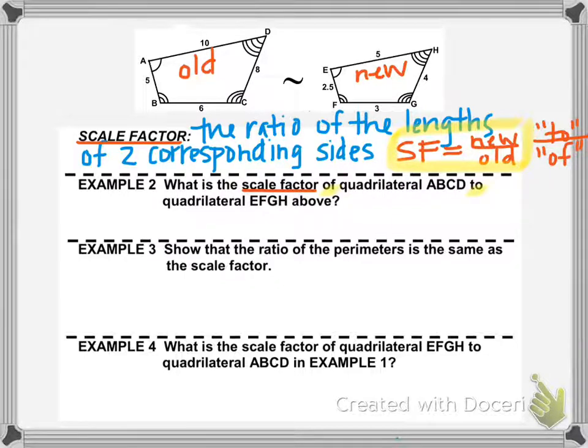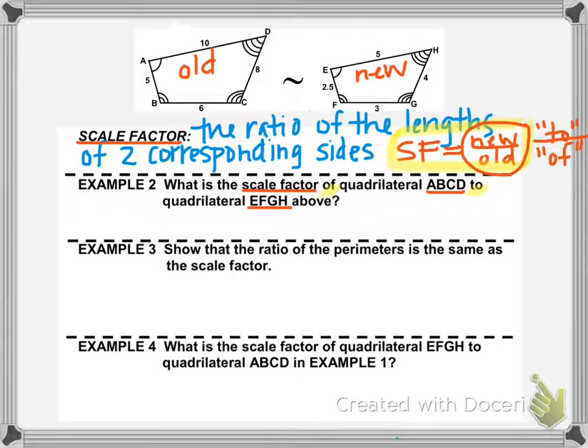Whatever is after that word is what it's talking about, new or old. So what I'm trying to say, what's after to is EFGH, that's the shape on the right, and after the word of is ABCD, that's the shape on the left. So if we put the shape on the right over the shape on the left, that's still new over old.